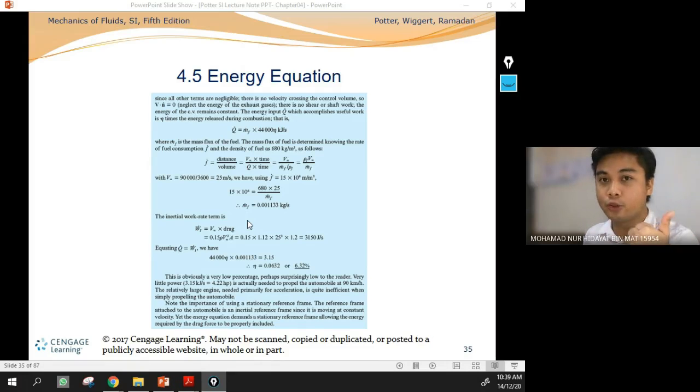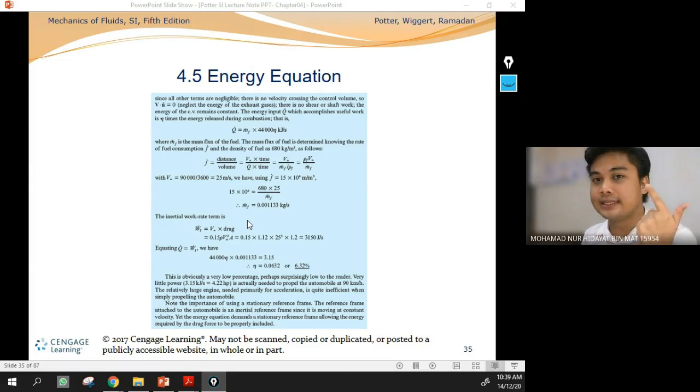The work done by the system is negative because the control volume releases energy. They do their work, so it releases energy, negative. There are four components of work. The first is the flow work due to pressure.